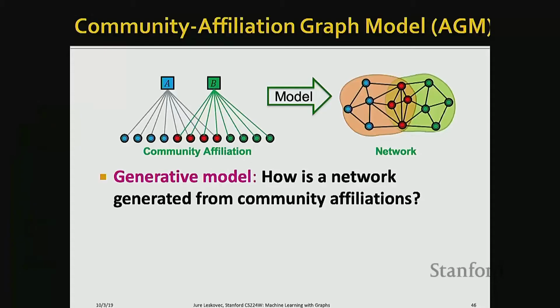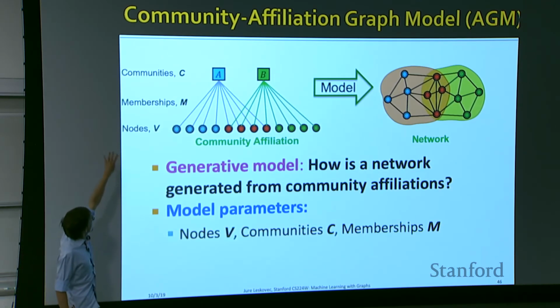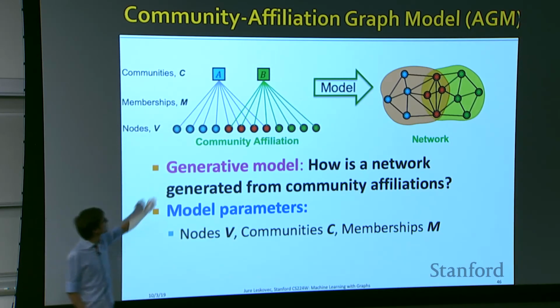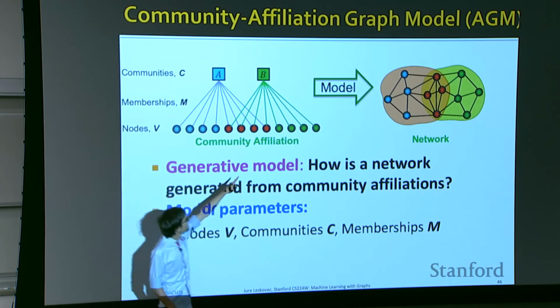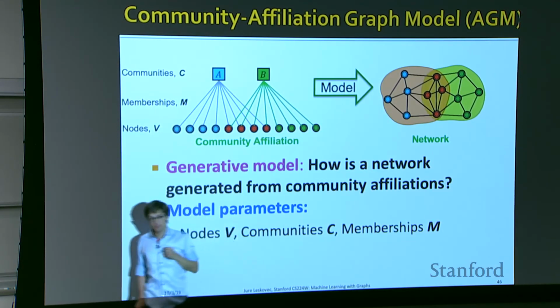Let me show you now the model. The model is very simple. It will be this type of bipartite graph where on the bottom I'll have the nodes. Here they are. On the top I'll have communities, and a node is connected to a community if they are a member of it. Right? So the blue guys are members of A, green guys are members of B, and the red nodes are members of both.